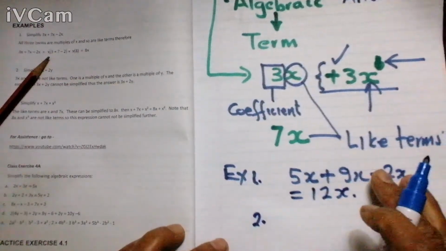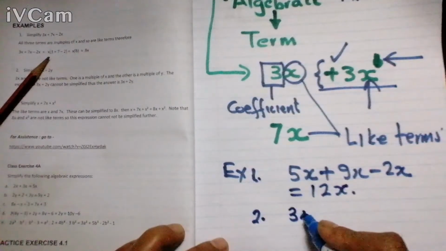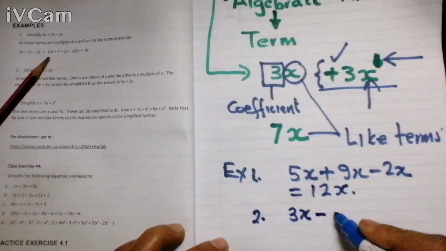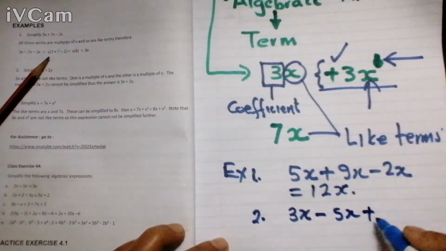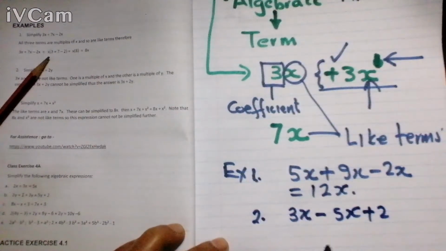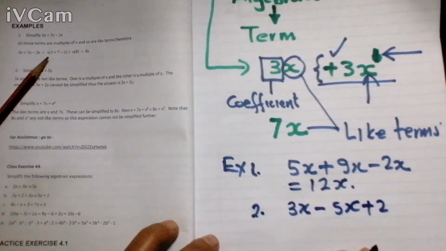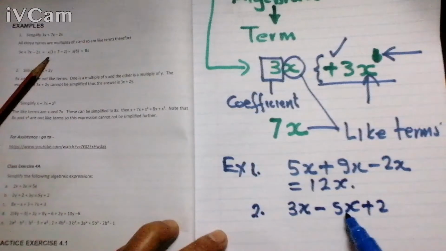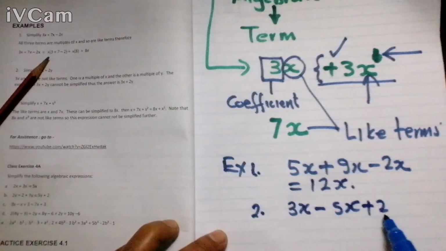Example 2, if you had 3x minus 5x plus 2. So this is an algebraic expression. That's a term, that's a term, that's a term. So surely these first two are like terms, but what about this one?